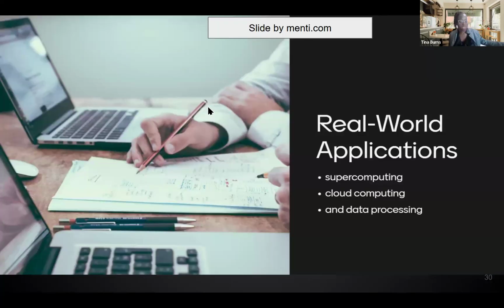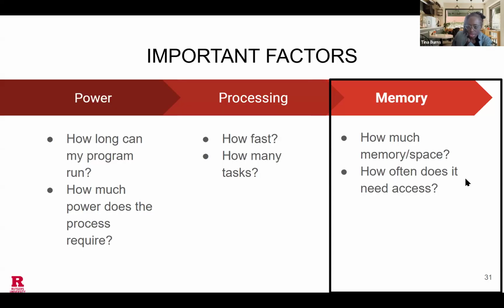Now, what we want to know is what are the applications in the real world? Well, Amdahl's law is going to help us as we go through supercomputing options, right? When I keep increasing the processors or a certain task, how much is that going to help me improve the other stuff? It assists with cloud computing and determining what you need in terms of your different elements, and it also helps with data processing.